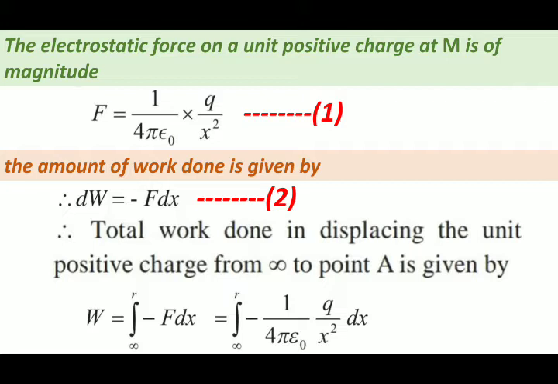Finally, as we are already having force in equation number 1, instead of F we can write 1 upon 4 pi epsilon naught, Q upon x square, dot dx. The minus will remain the same, and dx will remain the same, that is the displacement.